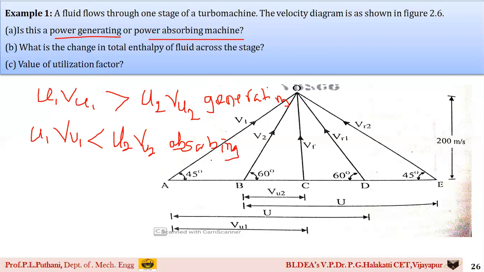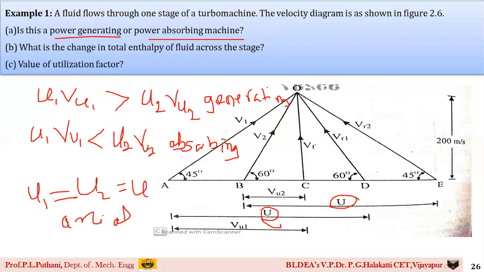In this problem, if you observe carefully, the tangential velocity at inlet and outlet are both the same. That is, you have u on both sides, which means u1 is equal to u2 is equal to u, as per the figure given. It is a case of an axial turbine.